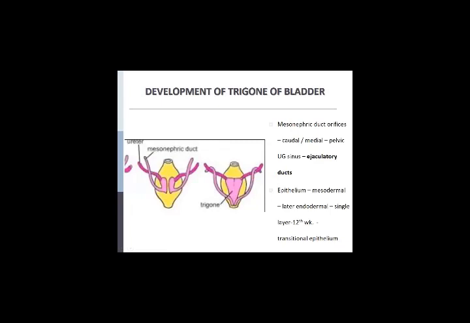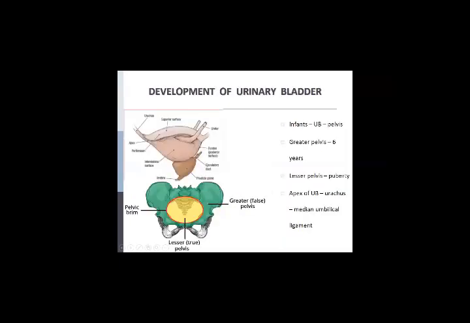So now you have the ureters opening separately. Look at this. On the two sides, the mesonephric ducts open separately into the posterior wall. As more of the mesonephric duct is absorbed, this area of the posterior wall develops.